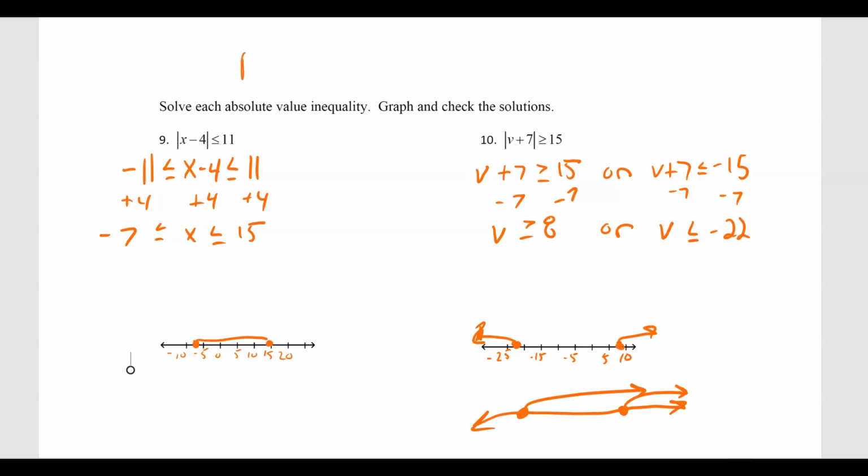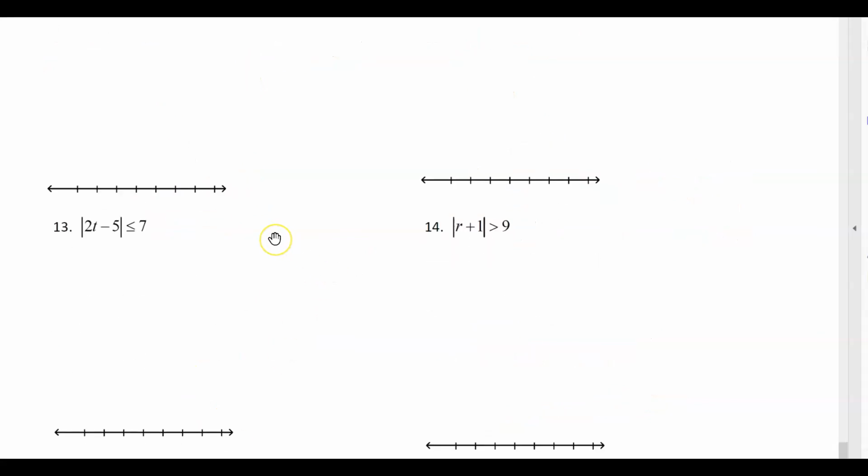So your assignment is to do all of 25 and page 26. So that is notes and 9 through, I believe it was 14. Let me just double check. Yes, 9 through 14.